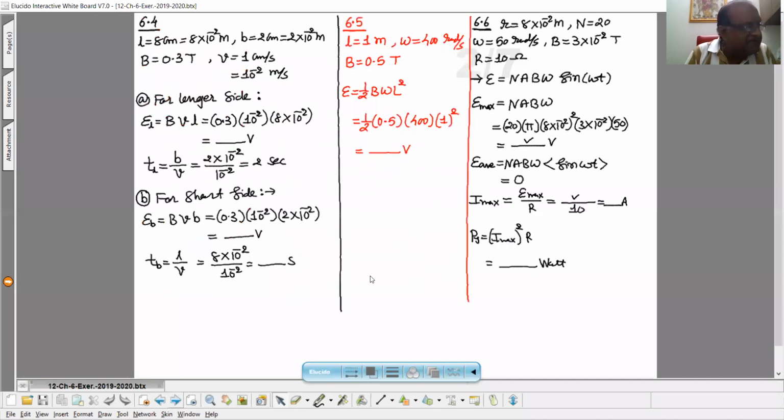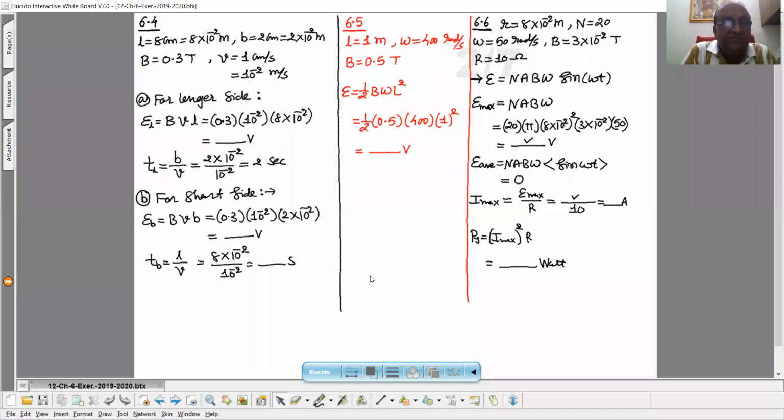Then after example 6.4. A rectangular wire loop of side 8 centimeter and 2 centimeter with a small cut is moving out of the region of uniform magnetic field of magnitude 0.3 Tesla, directed normal to the loop.